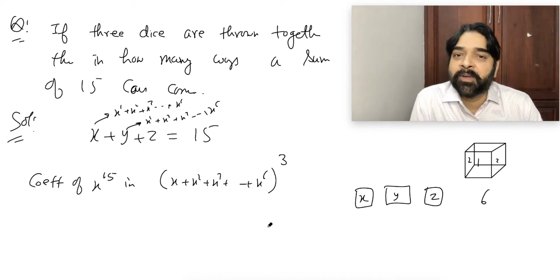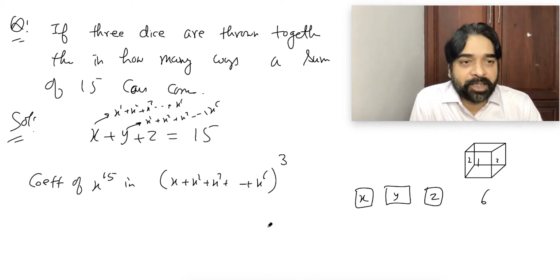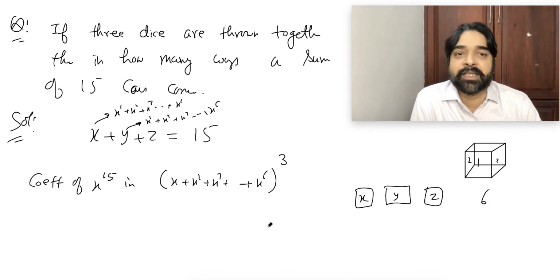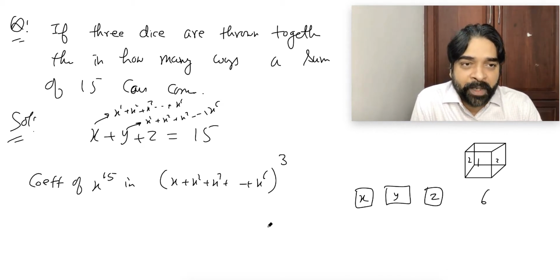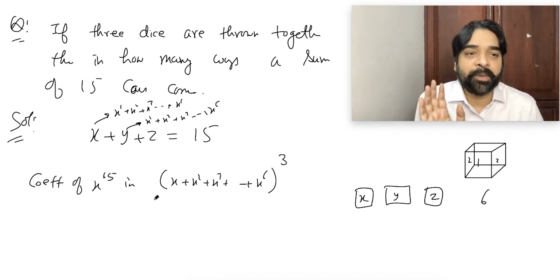We want 15x. First dice is saying I can give you x or x square or x cube or up to x power 6. Second dice is saying I can give you x or x square or x cube up to x power 6. Third dice is saying I can also do the same thing. Is it clear to everybody?